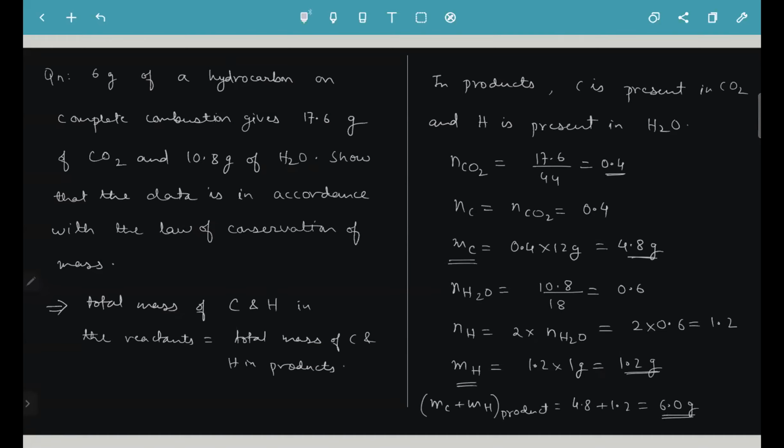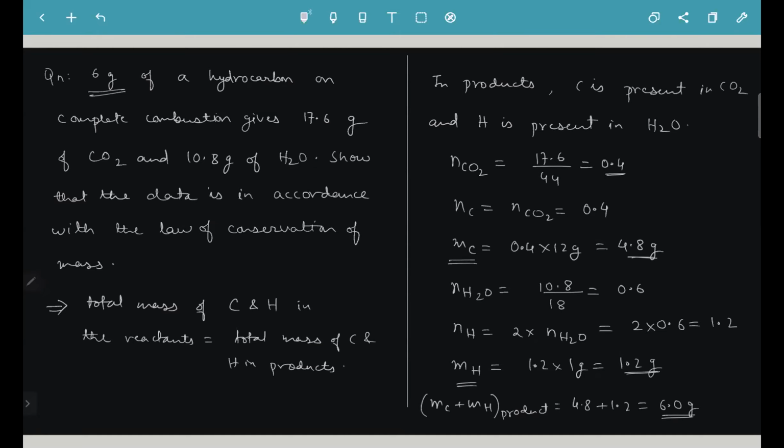And this is equal to the mass of hydrocarbon reacted. 6 grams of hydrocarbon was reacting, right? So this shows that the masses are conserved. The mass of carbon remains conserved, the mass of hydrogen remains conserved, the mass of every element remains conserved in a chemical reaction. The data is definitely in accordance with the law of conservation of mass.